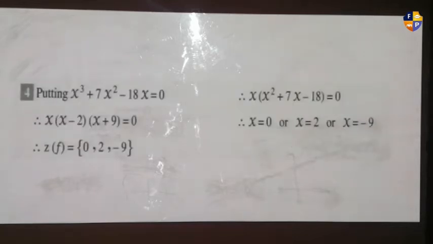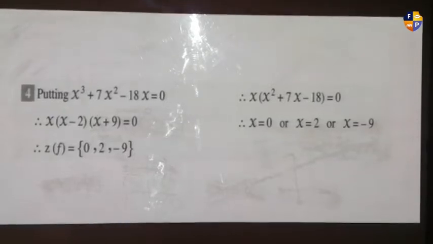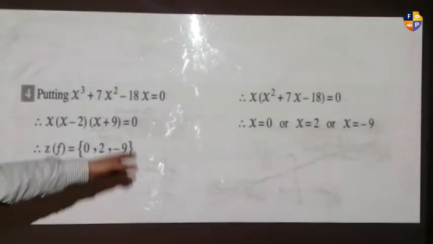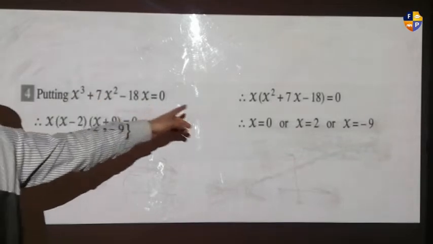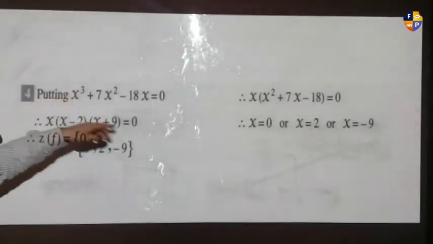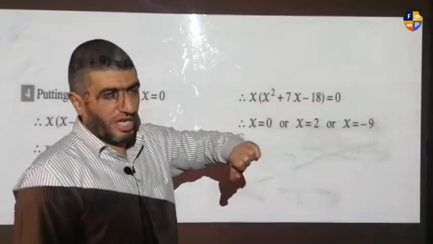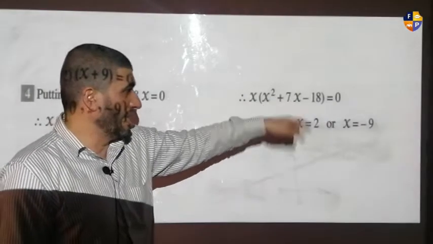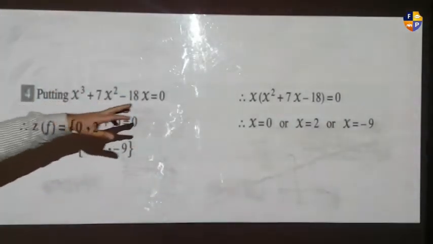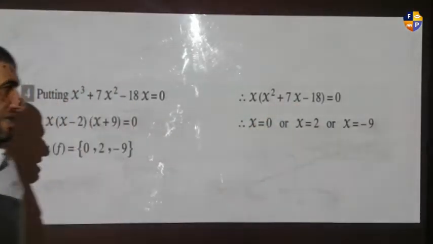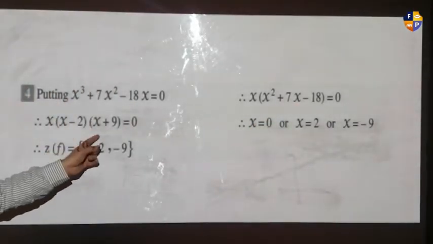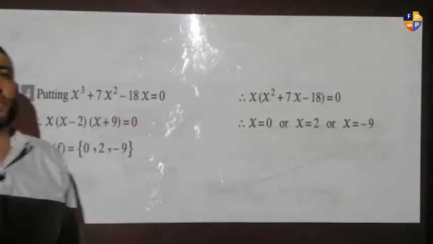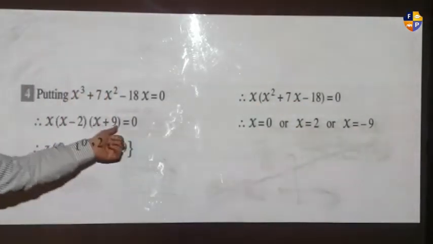Number 4, x power 3 plus 7x power 2 minus 18x equals 0. The first step in factorization, we take HCF. HCF between x power 3, x power 2 and x is x, and divide: x times x power 2 plus 7x minus 18. This is the trinomial. We factorize by two brackets, x and x, two numbers product 18, and the difference between them is 7, 9 and 2.